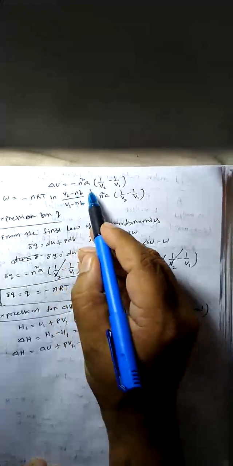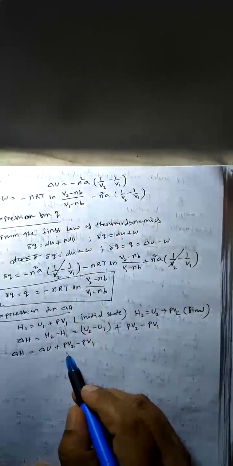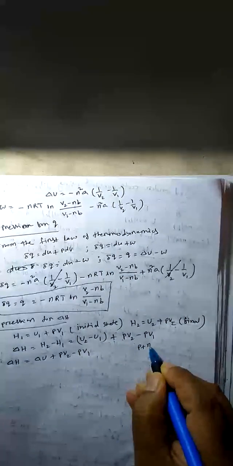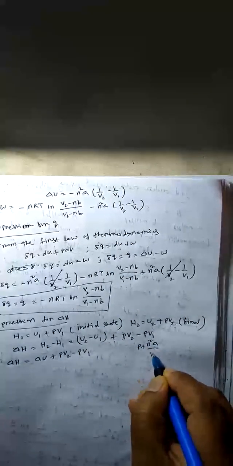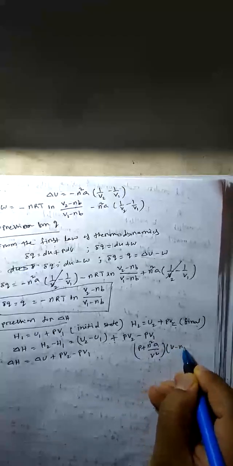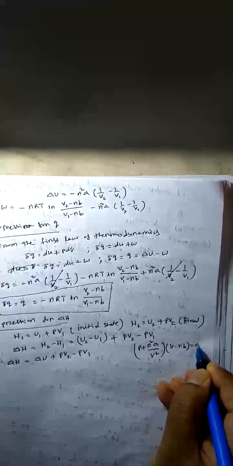We know delta U is equal to this one, we already derived. So before that we take the P value from the van der Waals equation. The van der Waals equation is (P plus n square A by V square) times (V minus nB) is equal to nRT. That means I need this one, so take this to the other side.